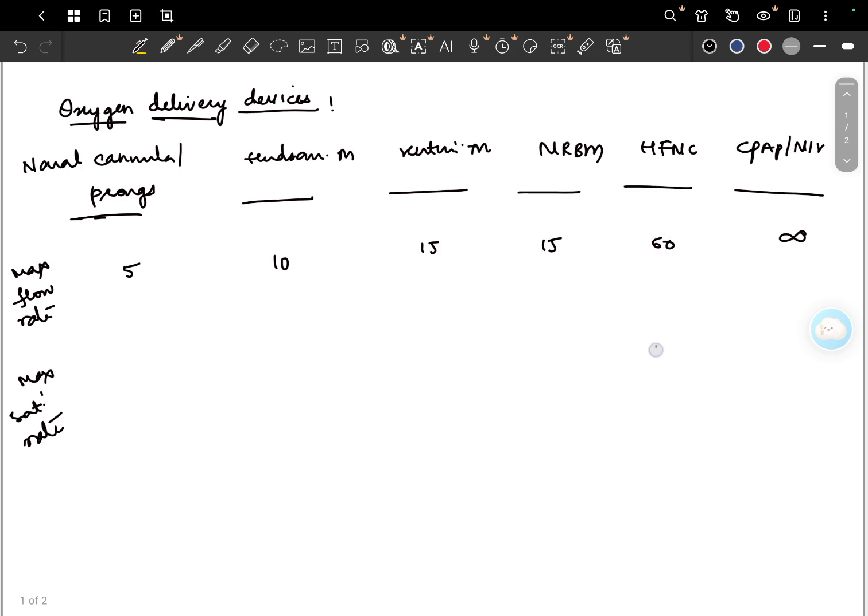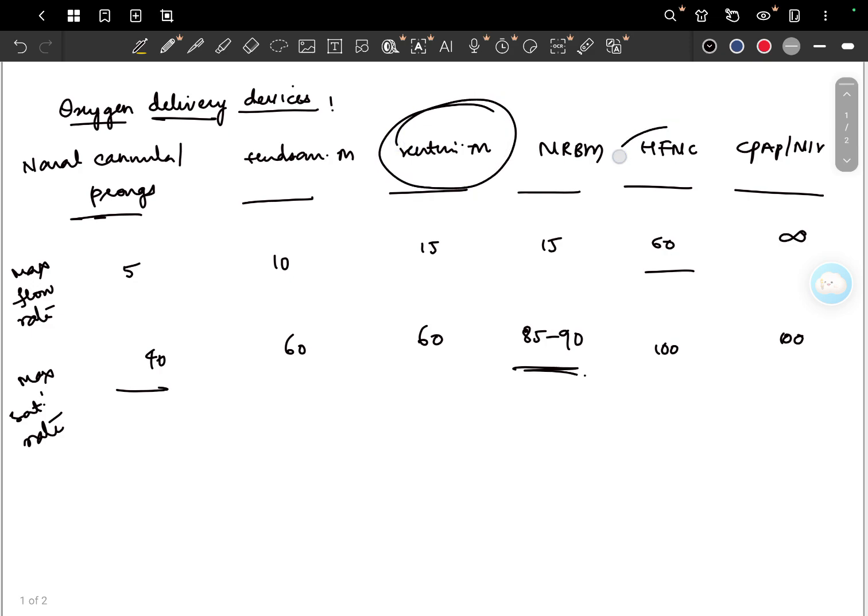Now here we'll be starting with 100, 100, then we'll have 60, 60, and in between we have 85 to 90%, and here we have 40. So these are the things you have to remember specifically. Now Venturi, HFNC and CPAP, all these are called high flow devices.